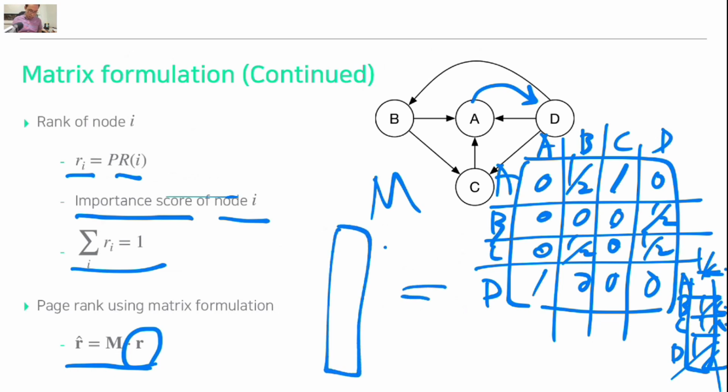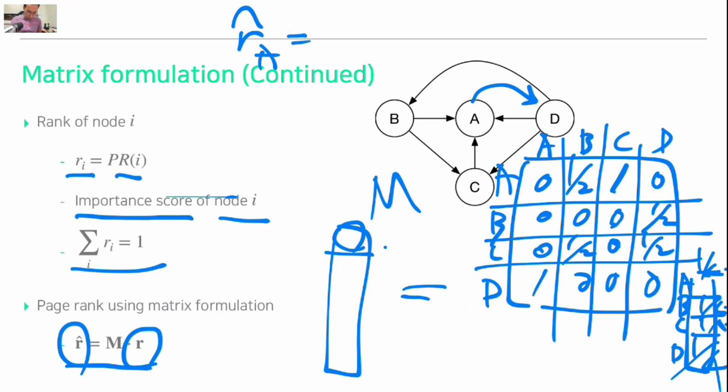So we just compute the A's score. We call that r hat. r hat A could be computed. How to compute that?